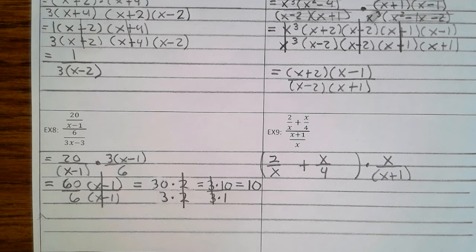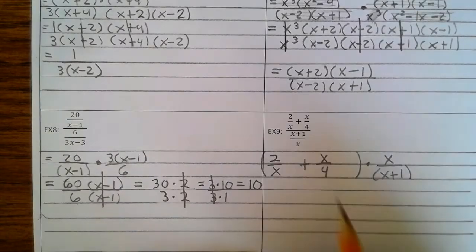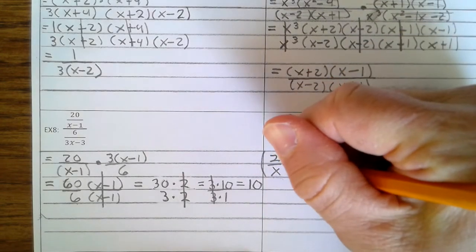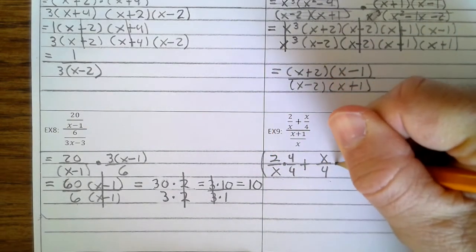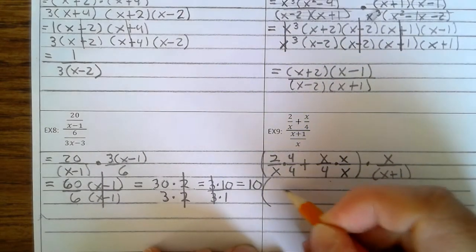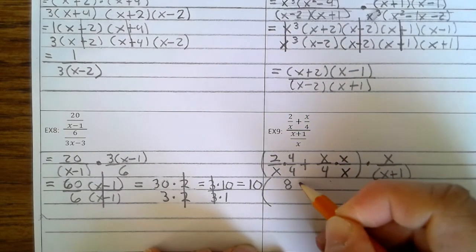Now, here's the thing. We can't add these until they have the same denominator. So we need to multiply this by 4 divided by 4 and this by x divided by x. So now you have 8 plus 1x squared. They now have the same denominator, 4x, times x divided by x plus 1.